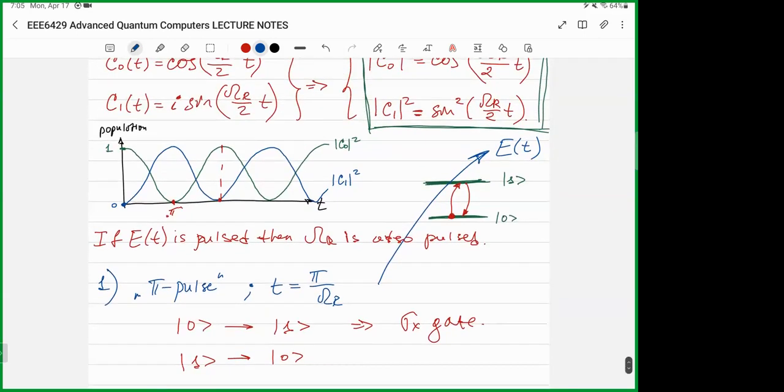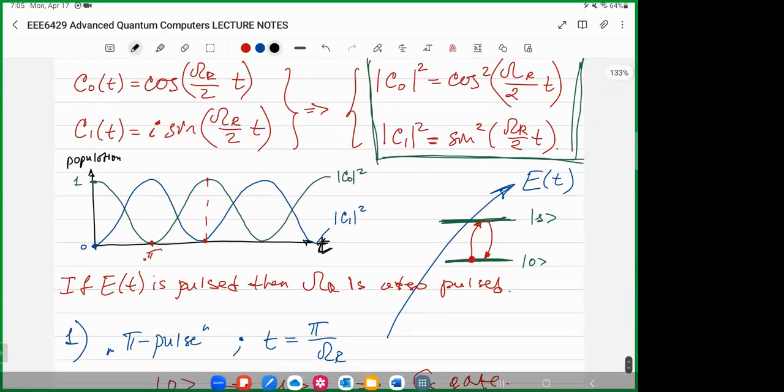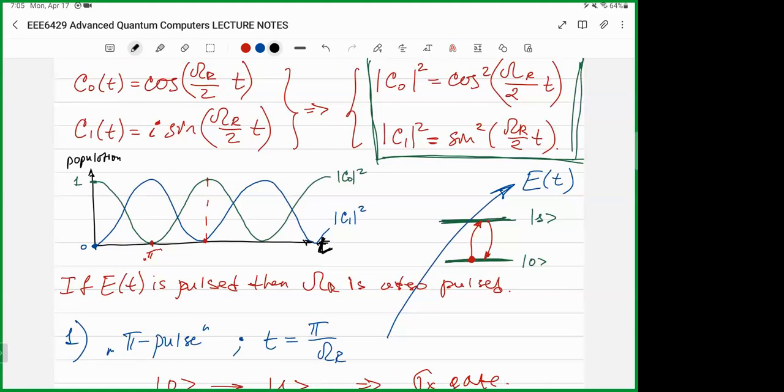No, so the function of the continuous wave is basically shown by this time dependence plot. If you apply a continuous wave, then your qubit will transit from state 1 to state 0, then back to state 1, then state 0, state 1. So it will oscillate in time.